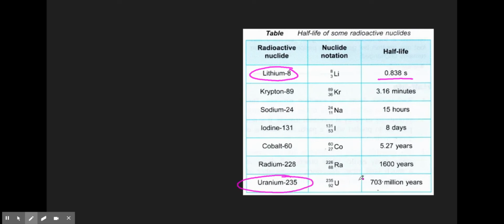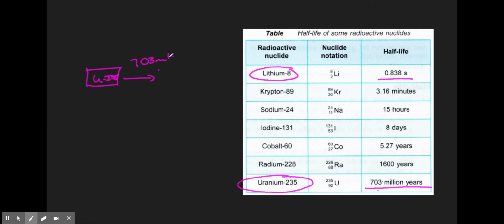Compare that to, say, uranium-235 with its 703 million year half-life. You have to wait 703 million years with an original sample of uranium-235 before that radioactively decays and goes through a half-life.